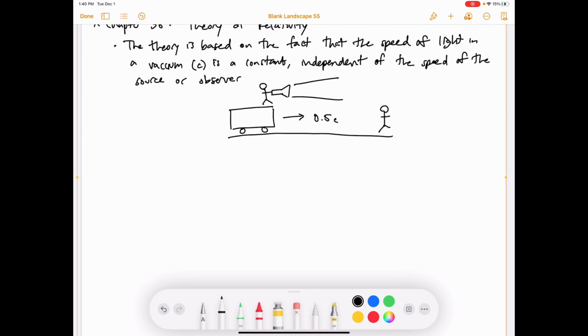Well, according to Newtonian physics, we should basically add the speed of light relative to the train, which is c, to the speed of the train relative to the ground, which is 0.5c, and we'd conclude that the person standing on the train tracks sees the light beam coming towards them at 1.5c. But that actually is completely wrong. Okay, this person on the ground still sees the light beam approaching at a speed c.